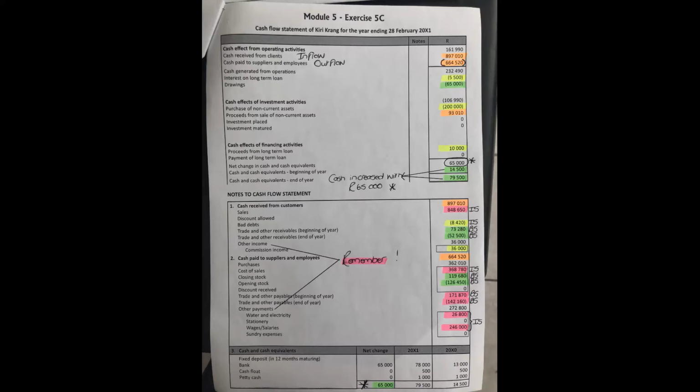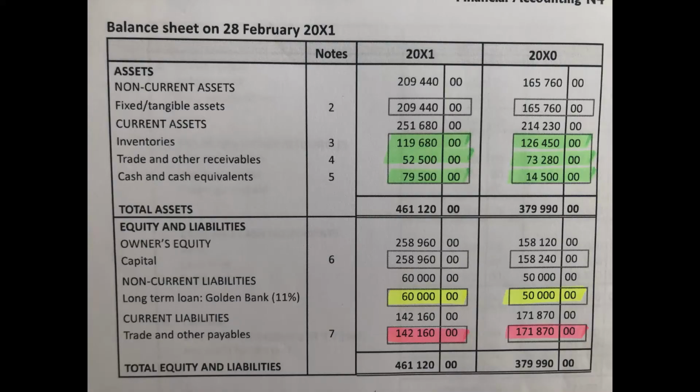Okay. And then under that heading, under the cash effects of investing activities, you'll see we work with investments. Either we placed an investment or the investment matured, that we received the money back. So we look in the balance sheet under our non-current assets. If there was an item like this, it would be under financial assets.